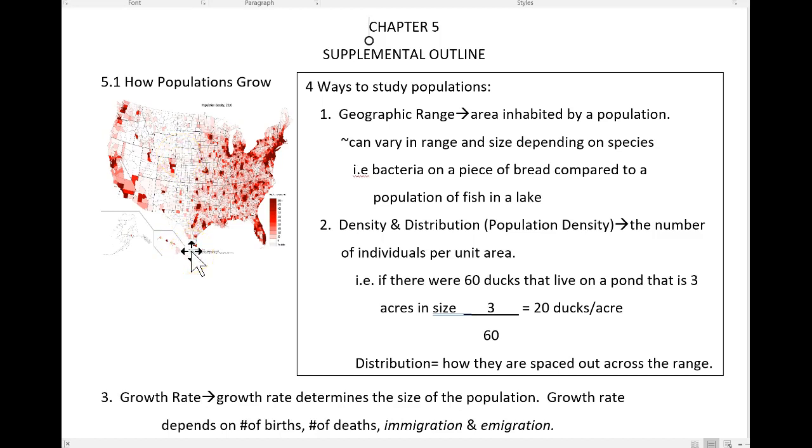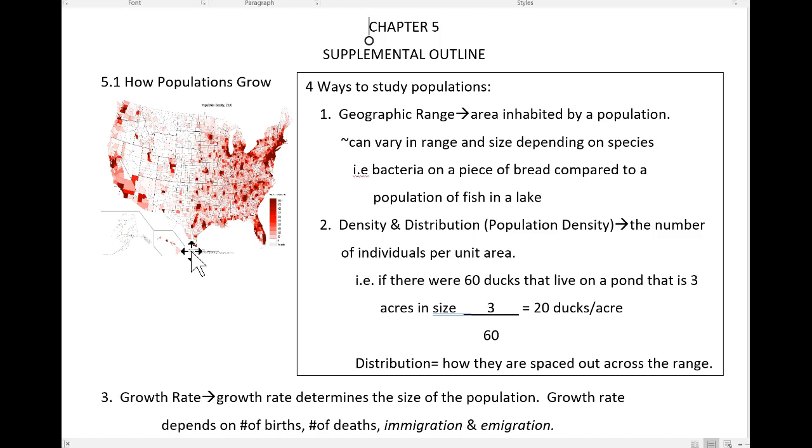And when we think about in terms of species, as you can imagine, the range can vary depending on the specific species. So if we're thinking about bacteria, which are really, really tiny, we might be thinking about maybe just a small little sliver of cheese, or as it says here, a piece of bread, where if we're talking about a fish population that might live in a lake, the lake would be better, obviously bigger than the bread would be.